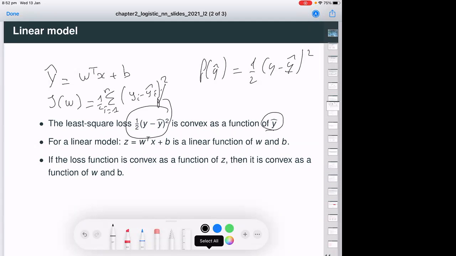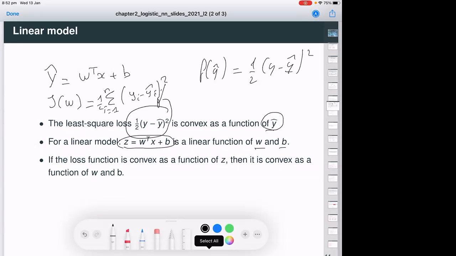Okay. So now I say this part is convex as a function of y hat. It is also convex as a function of y. Okay, but it was not my point here, but it's true. You're right. This part is also a linear function of w and b.